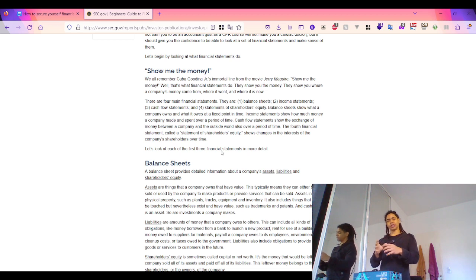The cash flow statement reviews cash from one of these activities: the operating activities, financing activities, and investing activities.